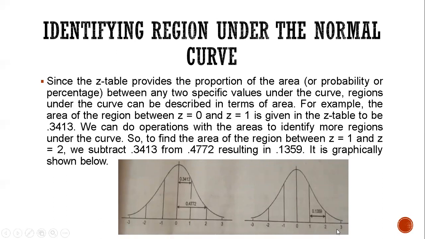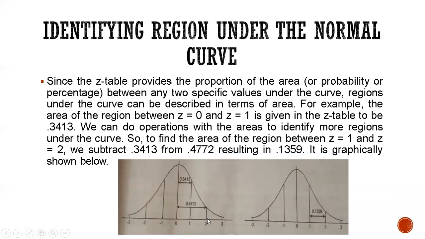So, ibig sabihin, from 0 to 1, yung area na sakop niya is 0.3413. Ayan yung kaninang unang example. Sa pangalawang example, yung sakop naman ni 1 and 2. Yung value natin na given for lesson 1 na ang value ni 0 hanggang 2 is 0.4772. But the question is, ano lang yung area na sakop ni 1 hanggang 2?